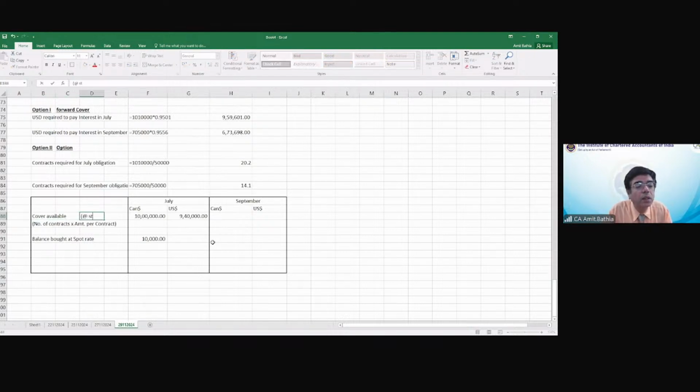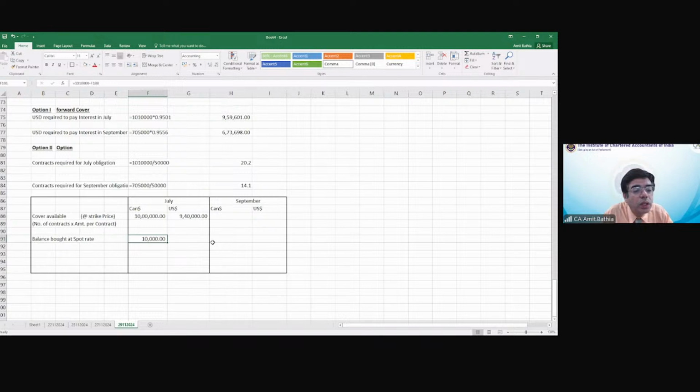Because this will be bought by you at strike price, right? So 20 contracts into 50,000, you have got 10 lakhs from your option contracts.